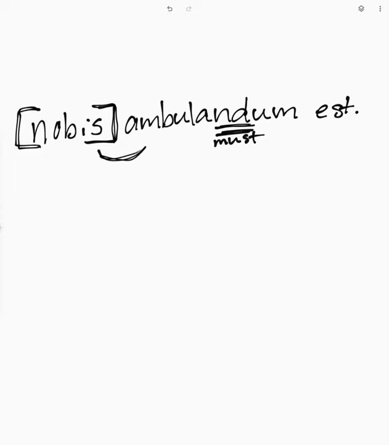So who is doing this action? Well, we. Now we must ambulare, to walk. So we just say we must walk. That's it. You can completely ignore this S when you're translating it. It's just telling you that it's obligated to walk. So we do one more, just for funsies.